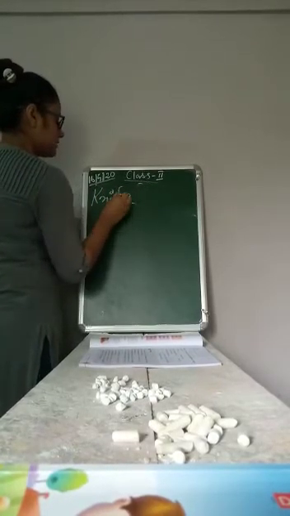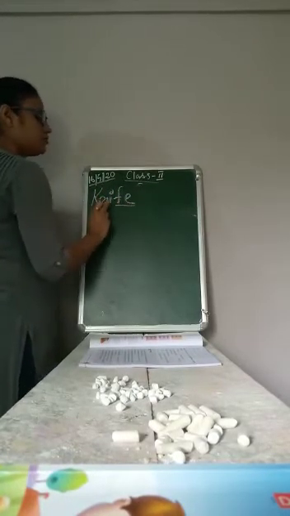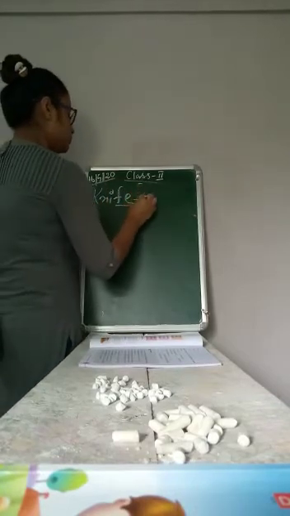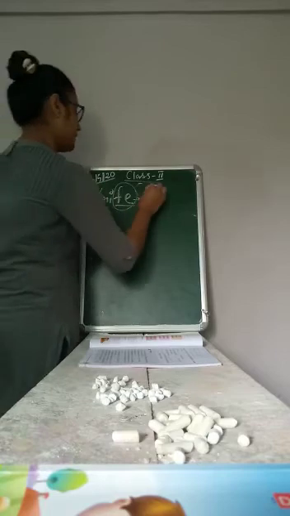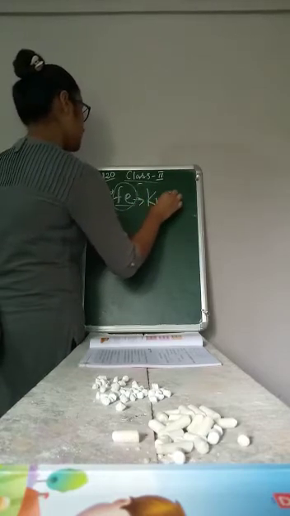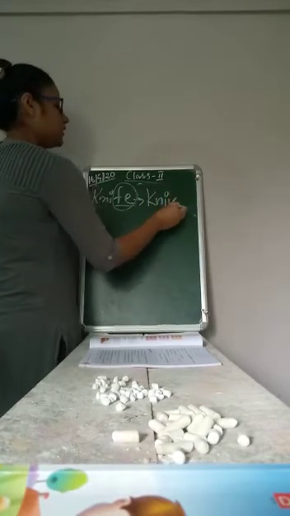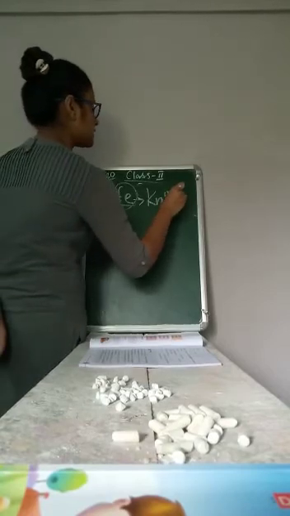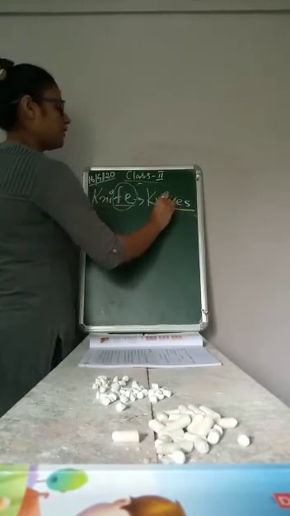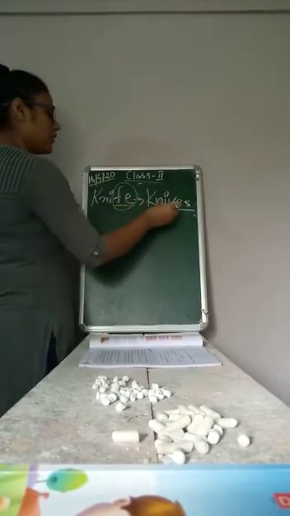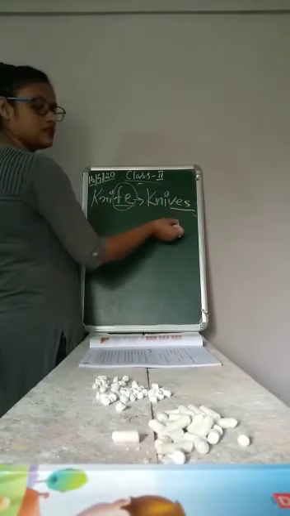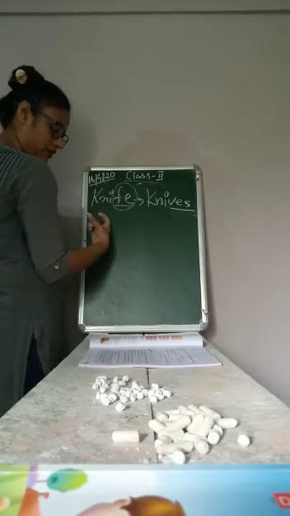The last letters are F-E. To make this singular word into plural, this F-E will become V, K-N-I-V, and with that we'll add E-S, and this becomes plural. So if the last letters are F-E, then it becomes V, and we add E-S.